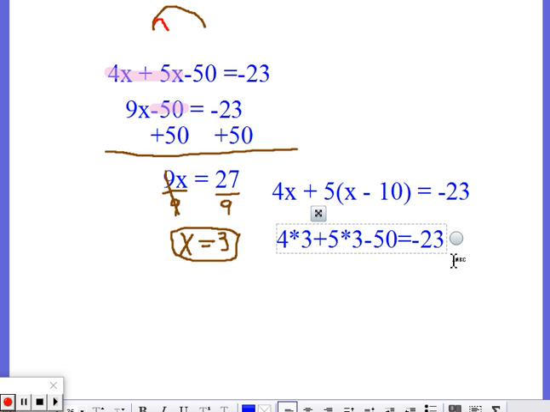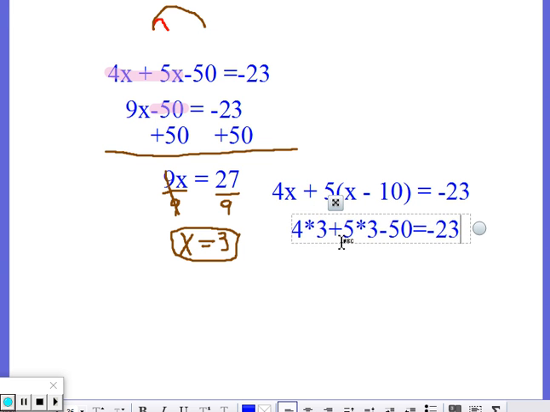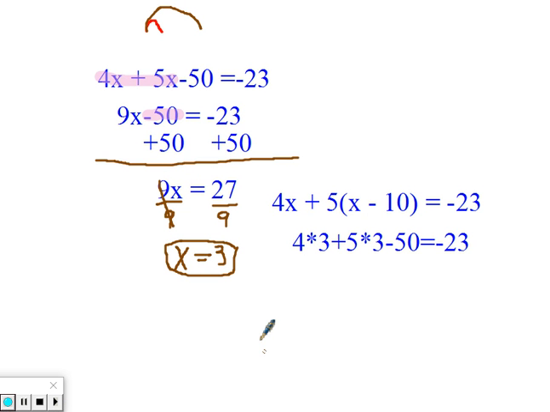Okay. I'm going to do it freehand now. That goes like that, right? Compare this to that, just in case you're having problems understanding why that's 50. All right, so anyway, 4 times 3 is 12. Plus 5 times 3 is 15. This is when order of operations comes in handy.